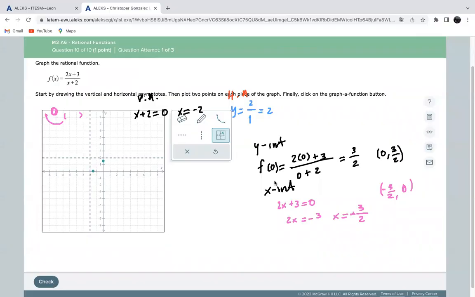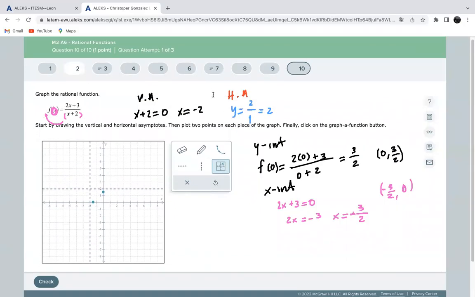And because those 2 points are on the right-hand side of the vertical asymptote, we need to find a couple of points on the other side of the vertical asymptote. So anything on that side, -3, -4, it's up to you. So I'm going to use -3.